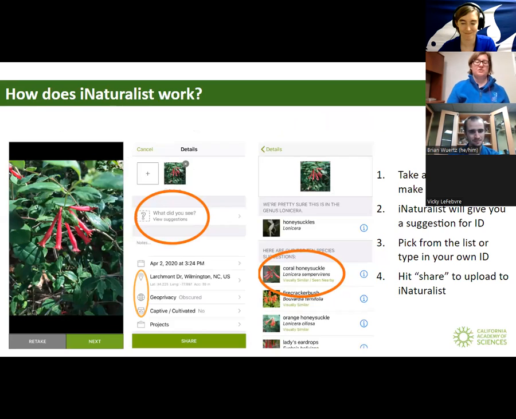So how does iNaturalist work? Basically, you're going to take a clear picture of an observation of a plant or an animal. In this one, you can see it's a coral honeysuckle. So this user took a picture of the coral honeysuckle, and you would take that picture and upload it to iNaturalist. iNaturalist will give you a suggestion for the ID if you're not sure of it, because this database has millions of different people that have been uploading things for years.